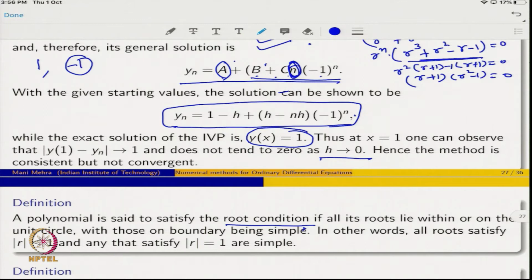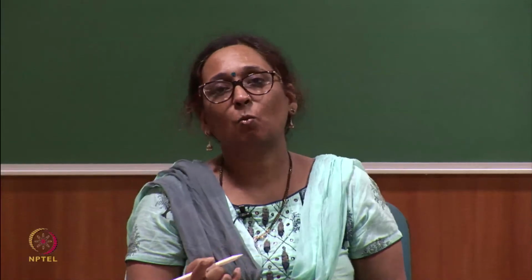The absolute value of all the roots should be less than 1, but if it is at the boundary, meaning mod r is equal to 1, then it should be only a simple root, meaning its multiplicity should be only 1. In other words, all roots satisfy mod r less than or equal to 1, and any root that satisfies equality is simple. Simple means whose algebraic multiplicity is 1, which does not repeat.